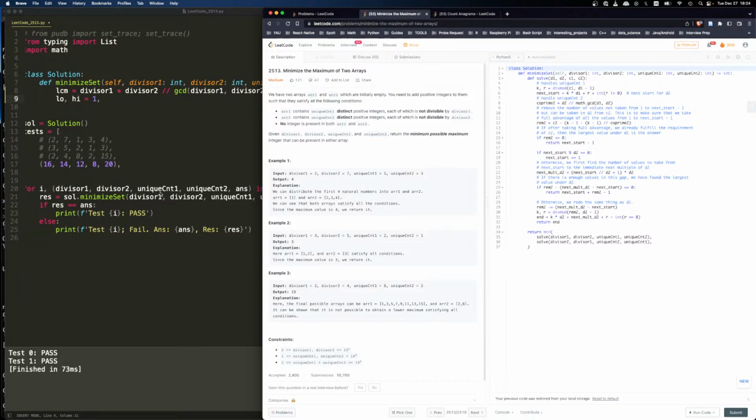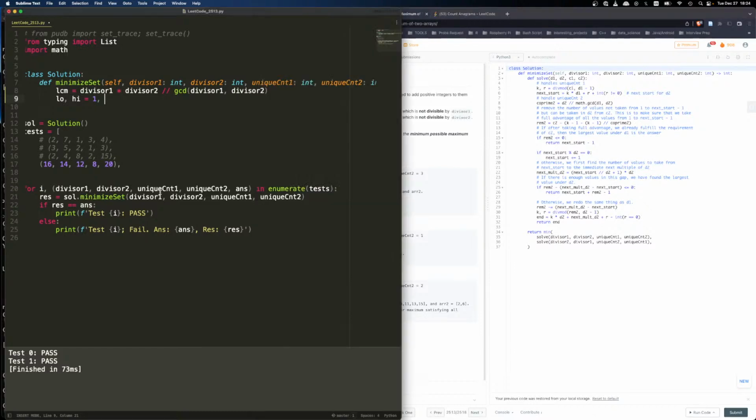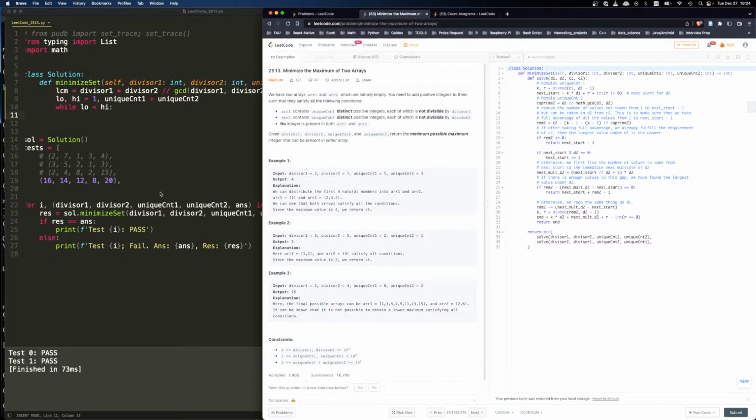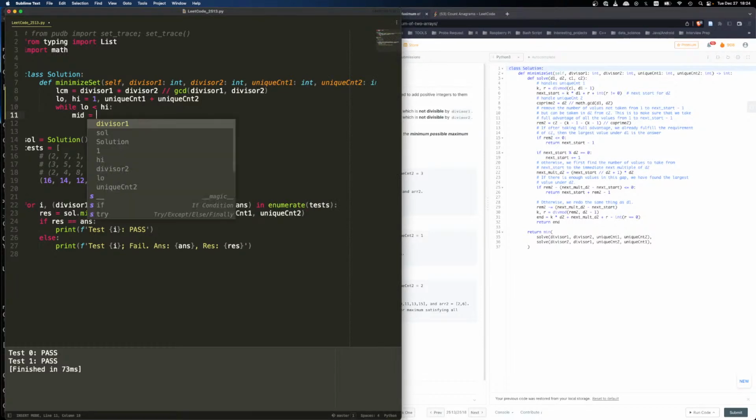That's actually correct, because it's not going to be larger than this. That is the higher bound, right? And while low is smaller than high, we have to analyze this at the minimum. Let's do this first.